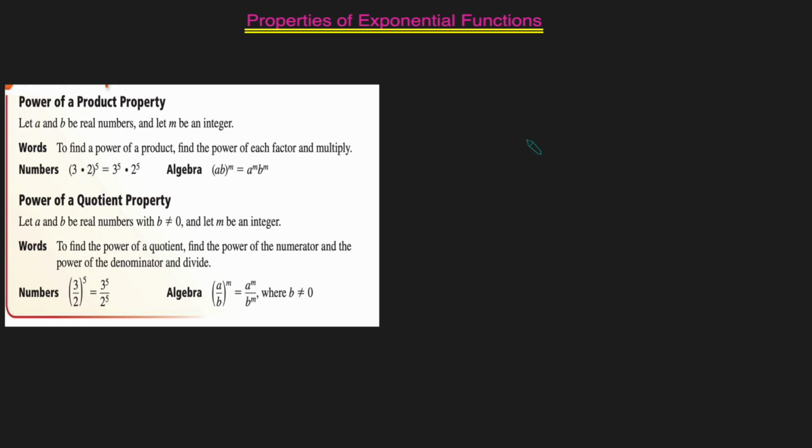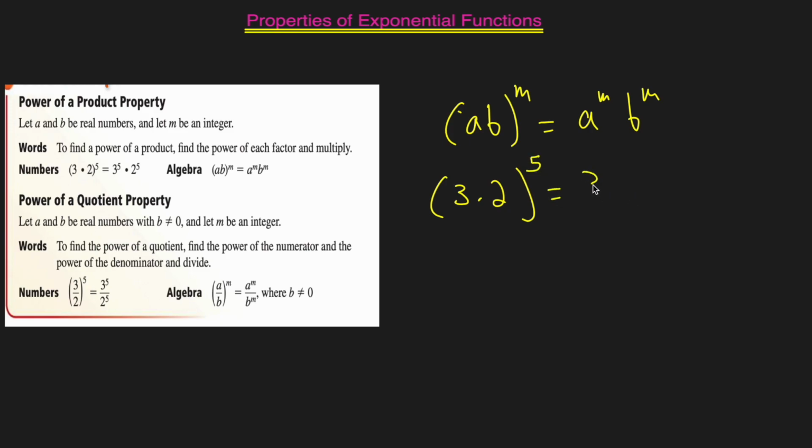Now, the power of a product property. If we have some number a times b to the m, that would be a to the m, b to the m. For example, if we have 3 times 2 to the 5, this will equal 3 to the 5 times 2 to the 5.